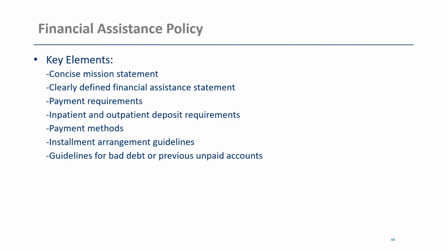Financial accounting and IRS 501R regulations specify what pieces need to be included in this policy. You will then also need a board-approved financial assistance policy, which is a fundamental requirement for making sure that we're correctly identifying charity and bad debt.